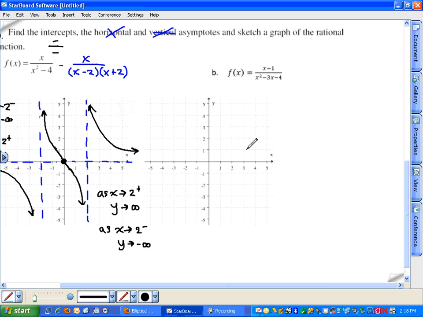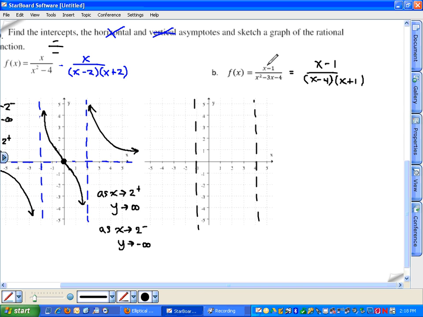Now part B is almost the same exact thing as part A. If you factor the denominator, you're going to get x minus 4 times x plus 1. And then you have x minus 1. So that results in vertical asymptotes of positive 4 and negative 1.